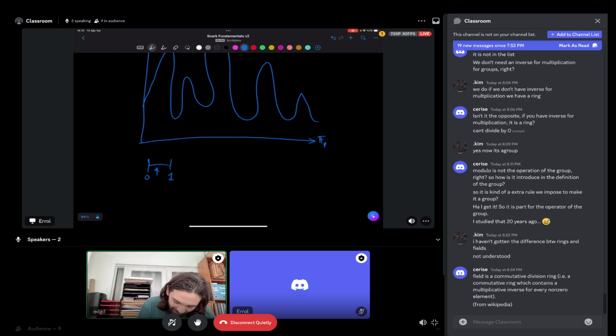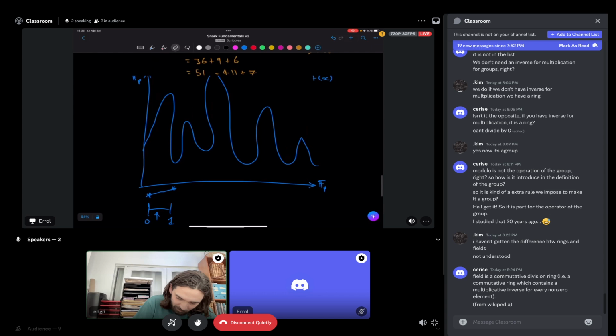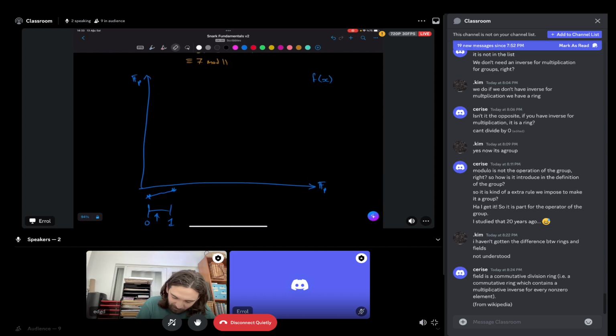So I'd sketch a value here for the function, and then another here, but I can't draw a line between them. When I sketch the function, it should actually just be a dot, a dot, a dot in different places. But that's really annoying for intuition, so we're just going to sketch it as an actual curve.